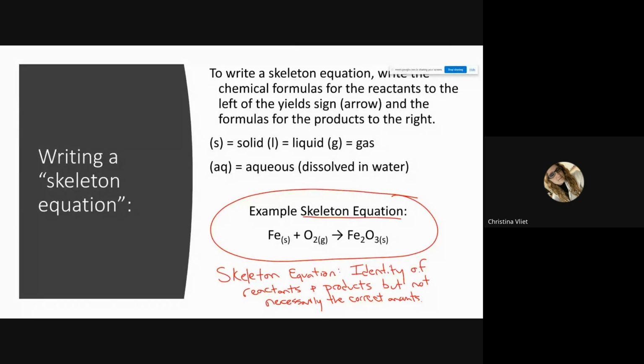You're going to have to work through it if you don't pick it up right away. The idea is that we have to figure out how many irons we would have on each side, how many oxygens we would have on each side in a balanced equation. Luke, you already solved that pretty much for this one, but that's the main goal for the day: take a skeleton equation, which just tells us what we have, and figure out the correct amounts of how many irons, how many oxygens would make a balanced equation.